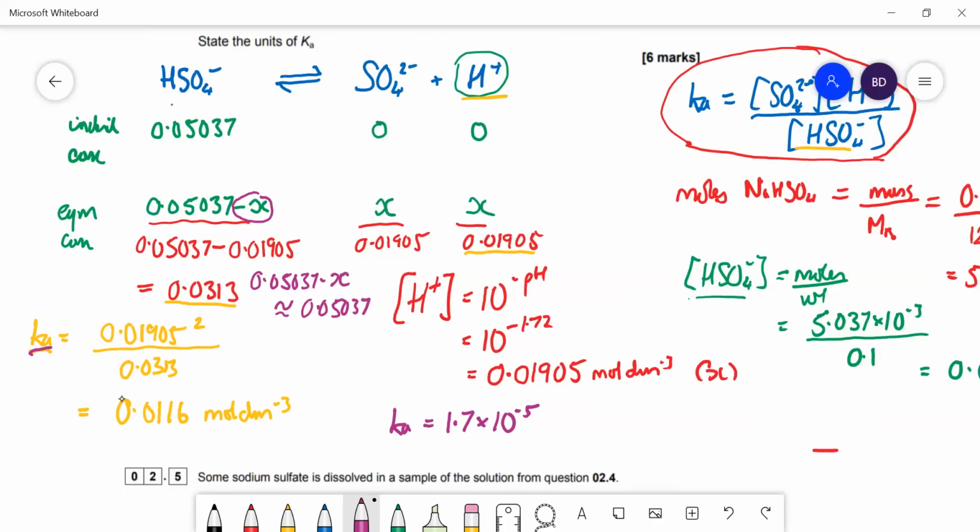Because this is a borderline weak strong acid, that X is actually quite big, and they expect you to take that. If you look at the mark scheme, if you don't subtract this, you'll get an answer which is not the one they get, and you'll lose some marks. A bit mean, because normally we do just ignore that term. Anyway, there we go.